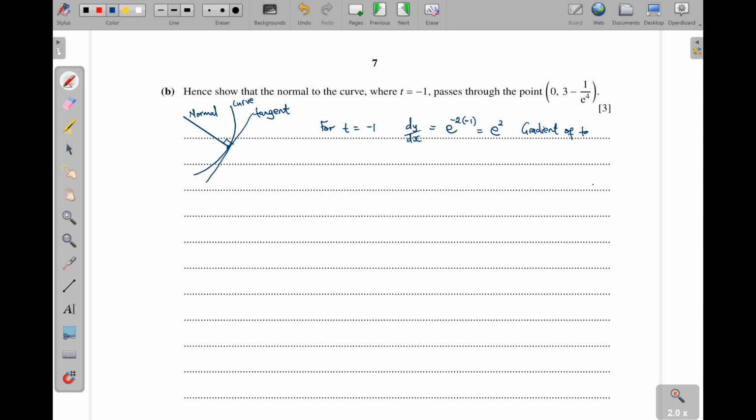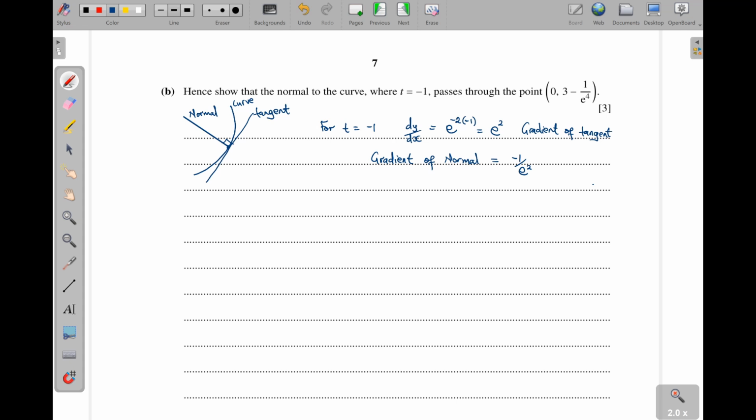Remember, at the point of intersection, the curve and the tangent have the same gradient. That therefore implies that the gradient of the normal, remember for perpendicular lines, m1 m2 is equal to negative 1. So the gradient of the normal is going to be negative 1 over the gradient of the tangent.